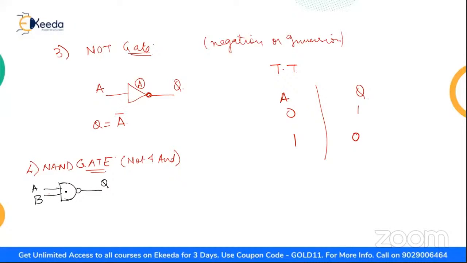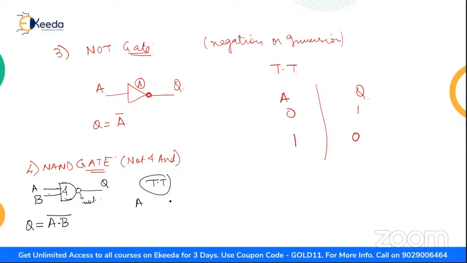So this is AND, and this is NOT. So AND means A B, and NOT is the bar over it. This will be your output. This will be your truth table.